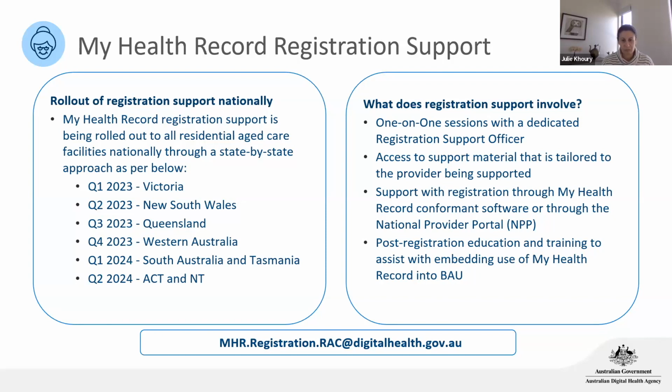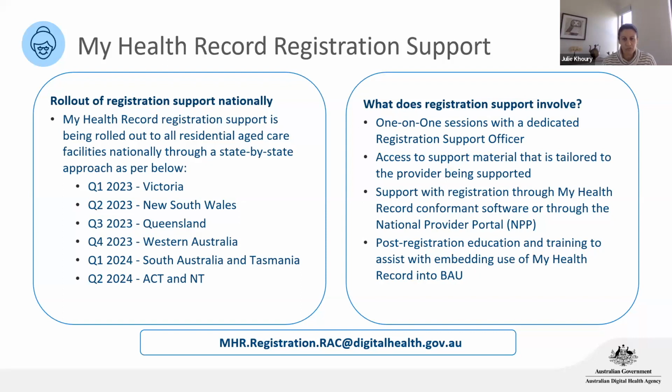Just to continue on what he was saying, the team is on hand to provide support to residential aged care facilities of any shape, size, form, to step them through the actual registration process, which ties into the guidelines that ACIITC have released. There are proactive meetings that the team facilitate that take the providers through each step. They work through things like setting up the security and access policy, the RO, the OMO, all of the required roles.